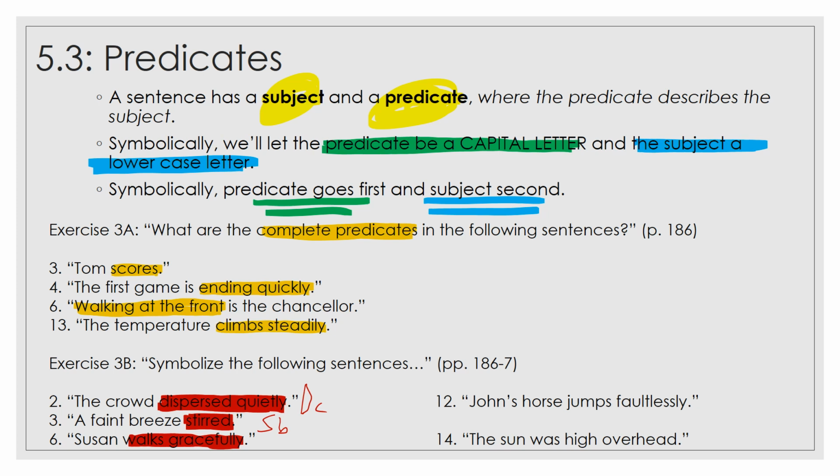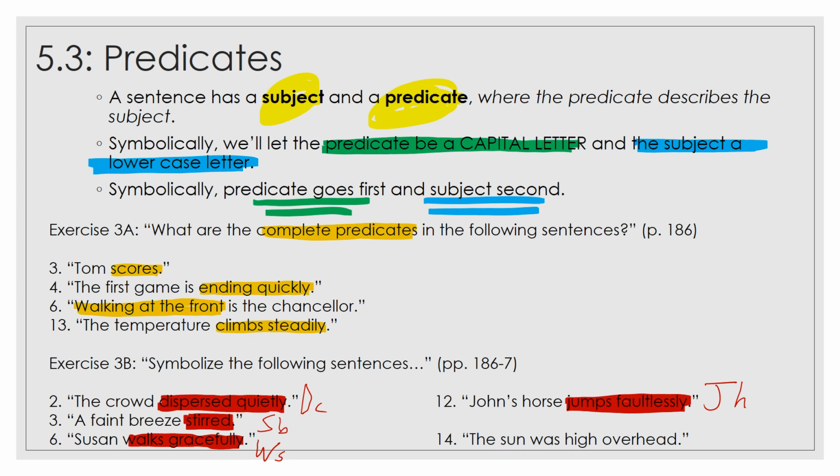So we'll have capital W for the predicate and lowercase s for the subject. Number 12, we have John's horse jumps faultlessly. John's horse is the subject, jumps faultlessly is the predicate. So we'll have capital J for the predicate, jumps, and little h for the subject, horse.